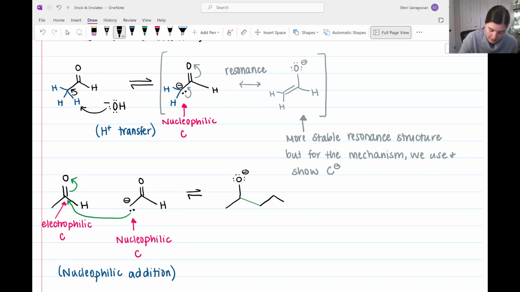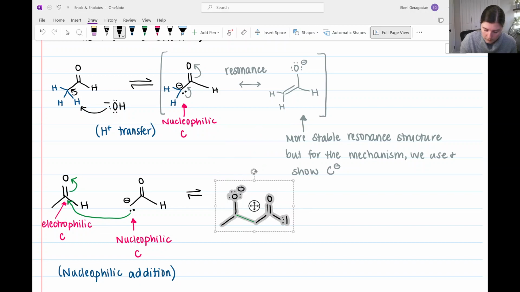And then that part of the molecule remains the same. We still have a hydrogen bonded to that carbon where we just added the new bond. So that's still present, and we have this new carbon-to-carbon bond here.